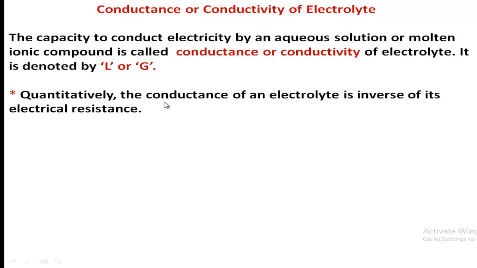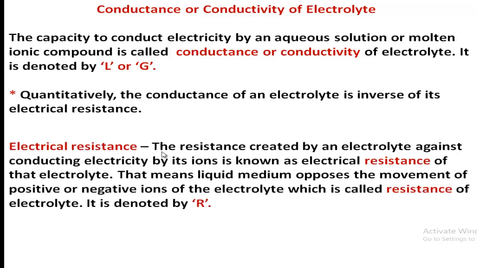Quantitatively, the conductance of an electrolyte is the inverse of its electrical resistance. So we have to know what electrical resistance is. The resistance created by an electrolyte against conducting electricity by its ions is known as the electrical resistance of that electrolyte.